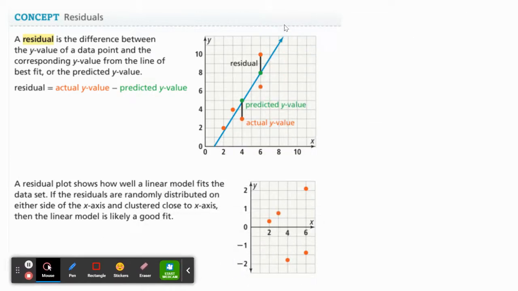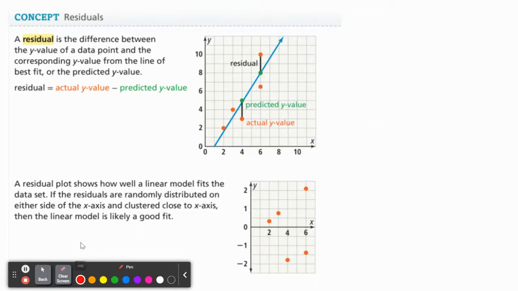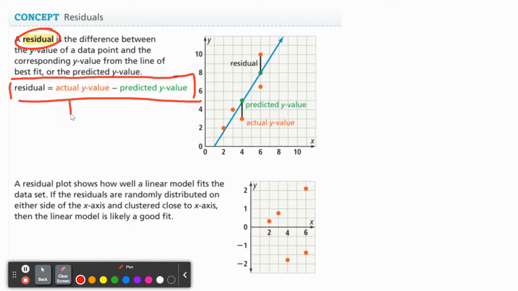A residual is the difference between the y value of your actual data point and the corresponding y value from the line of best fit, which is called the predicted y value. This idea of residual is right here. It's the actual y value minus the predicted. The actual comes from your data, and the predicted comes from your trend line.